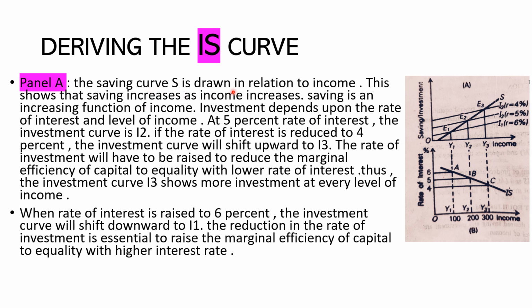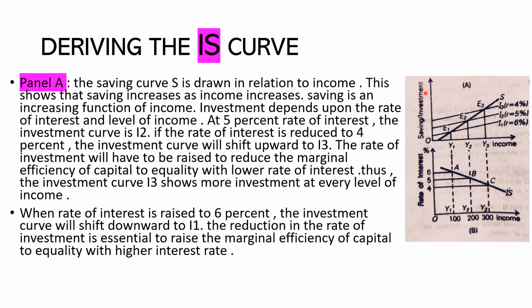Saving curve S is drawn in relation to income. This shows that saving increases as income increases. I have already told you, when your income rises, you will save more. Therefore, saving is an increasing function of income, and this shows an upward slope. As and when income rises, your saving will also rise.